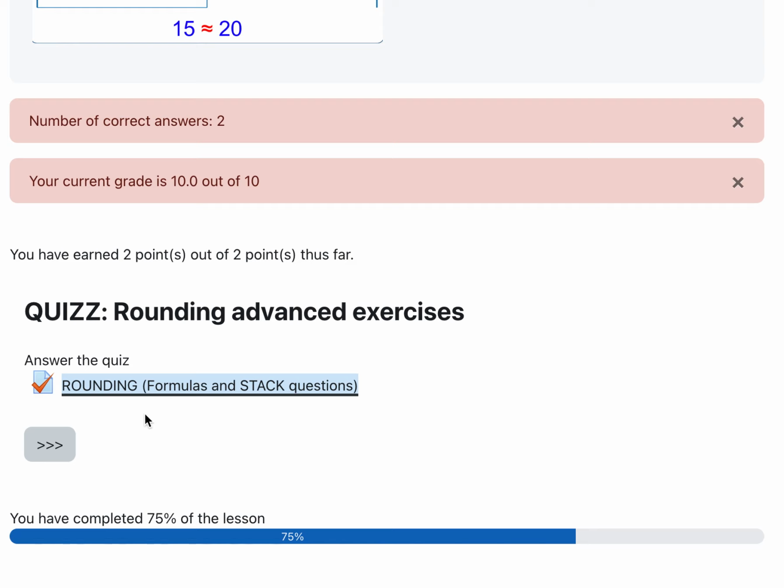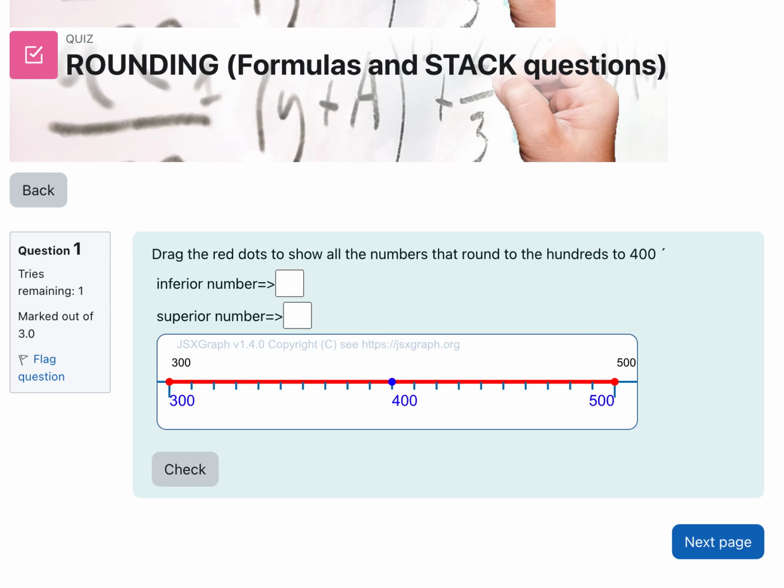In order to do this, we need to use a quiz which is embedded inside the lesson, and in the quiz here the numbers are random and the questions are more complicated.